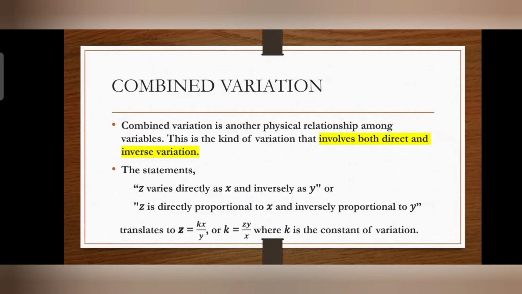Kasi as is na yan na merong over 1 sa z. So magiging kx is equal to zy. Para maging k na lang yung matira sa left side, so divide both sides by x. That's why k is equal to zy over x, where k is the constant of variation.